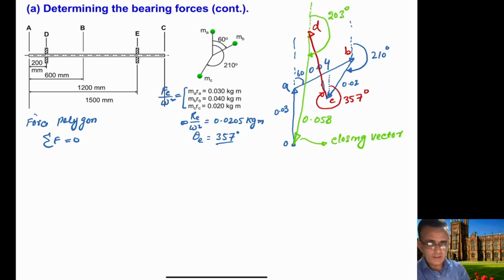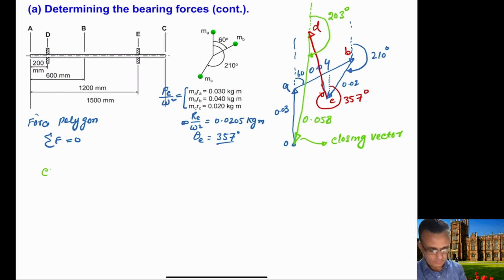So this DO, the closing vector, which is 0.058, is just RD divided by omega square.